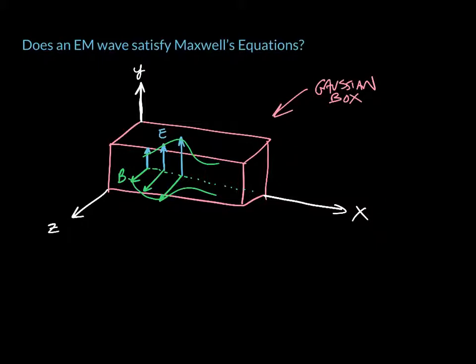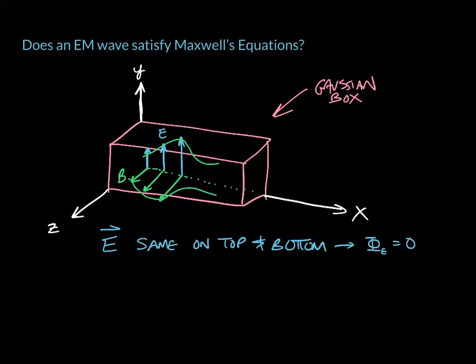And so what we have here, E ends up being the same on top and bottom of the box. So that implies that the electric flux is 0. Okay.